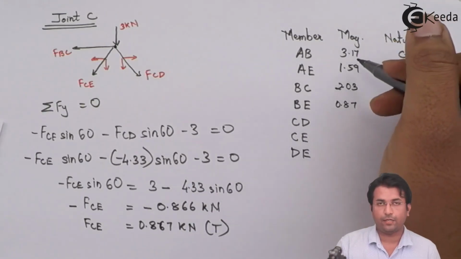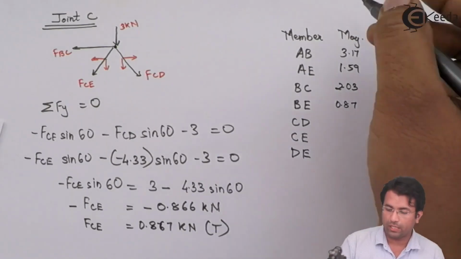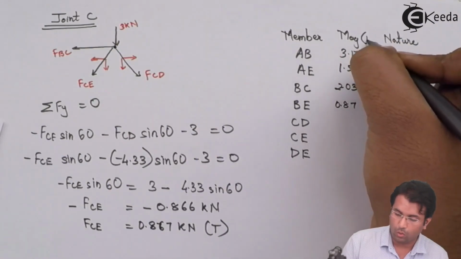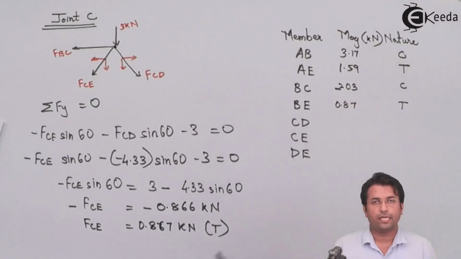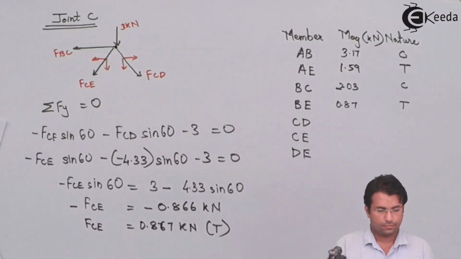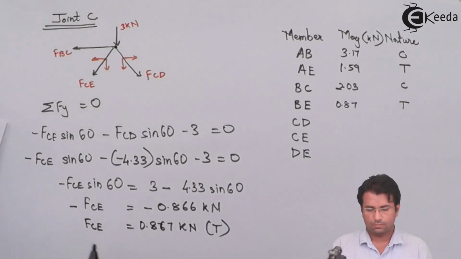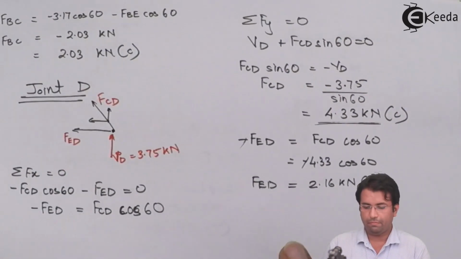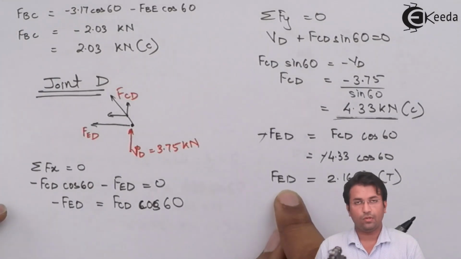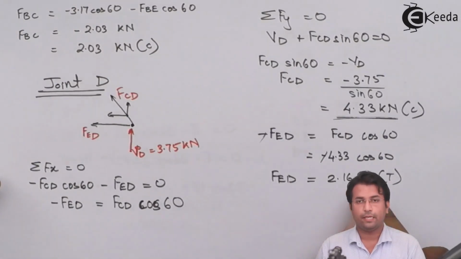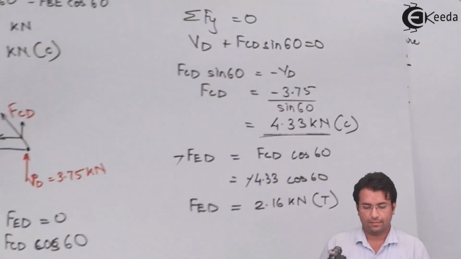Now, since the magnitude of all the forces is in kilonewton, I can write it in common over here as kilonewton. Force in member ED we have calculated to be 2.16 kilonewton and it is tensile.